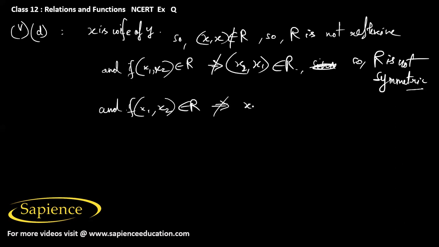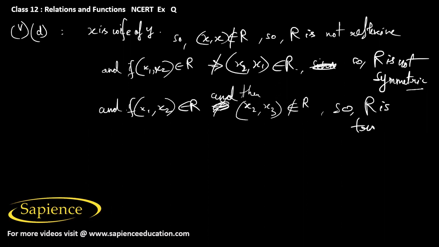Then x2 comma x3 does not belong to the relation R. So I can say that R is transitive.